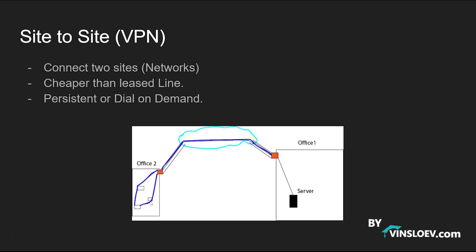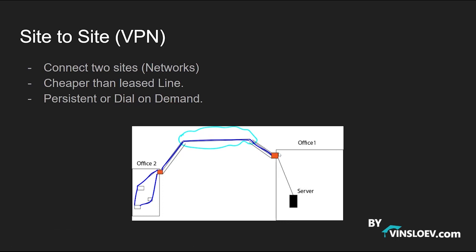So any device that is logging on to the Office 2 internet and using the secured password and so on, as soon as they get logged into this internet, they will actually have an active VPN tunnel to Office 1, meaning that no matter if you're sitting in Office 2 or Office 1, your computer will actually act as if it was sitting in Office 1, because you will have the same access rights.